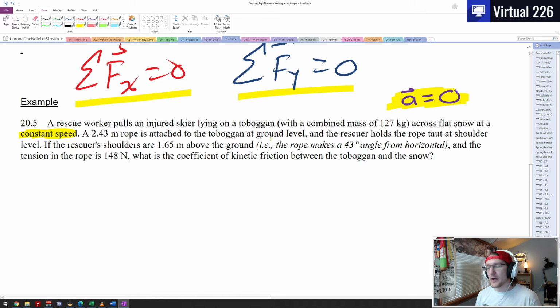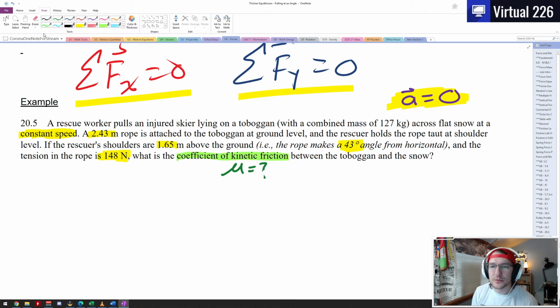A rope is attached to the toboggan at ground level, and then the rescuer holds it over their shoulder, and we're going to make a 43-degree angle due to that, based off of these heights here. But the other key thing is that the tension in the rope is 148 newtons. What we are looking for is the coefficient of friction between the toboggan and the snow. So we are looking for mu in this problem.